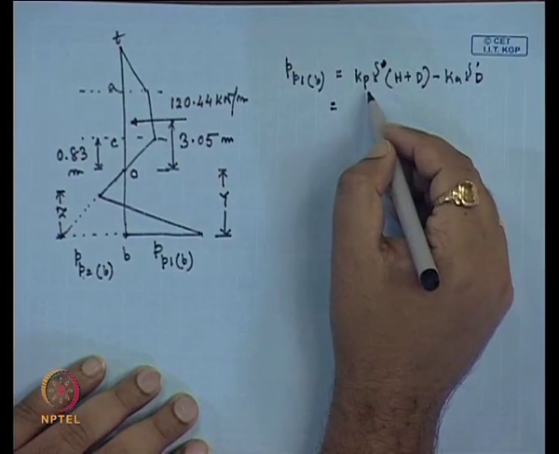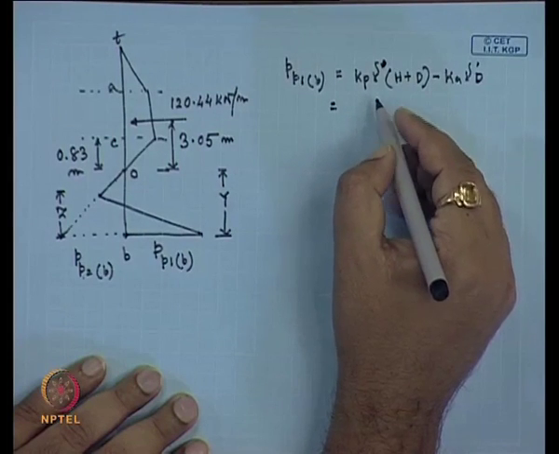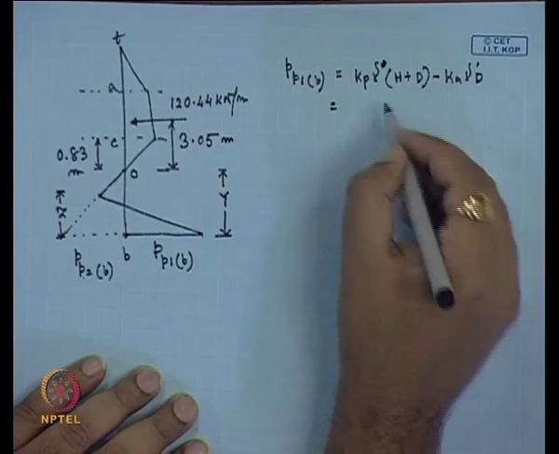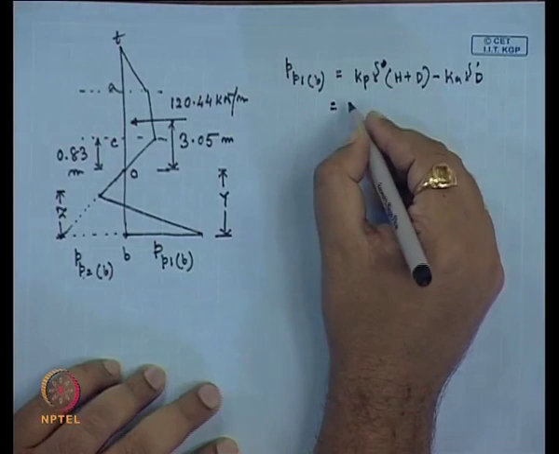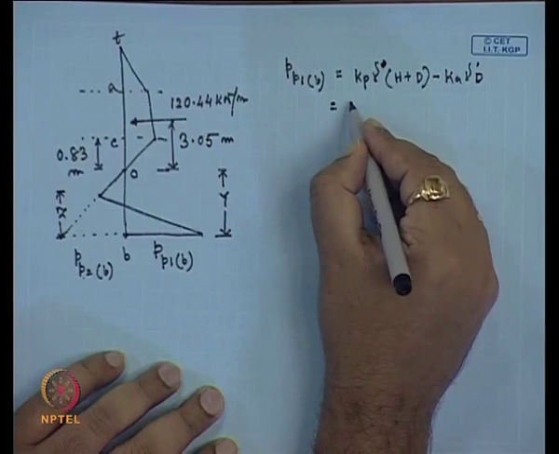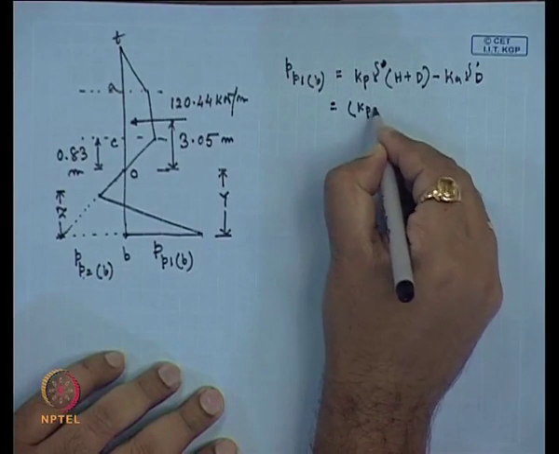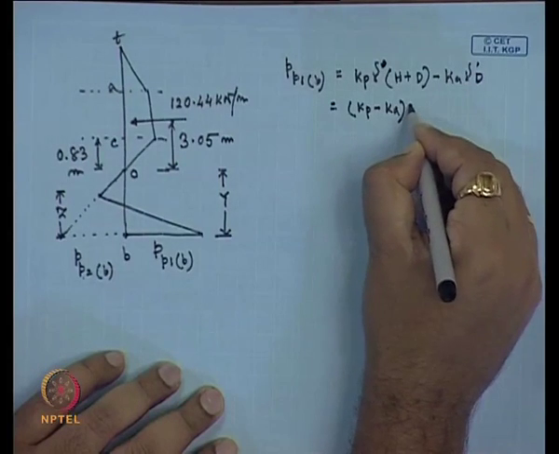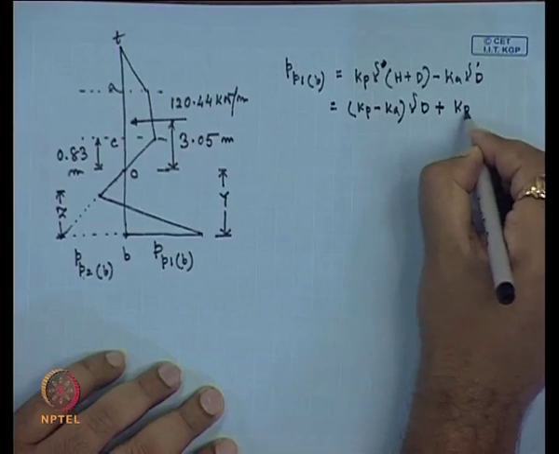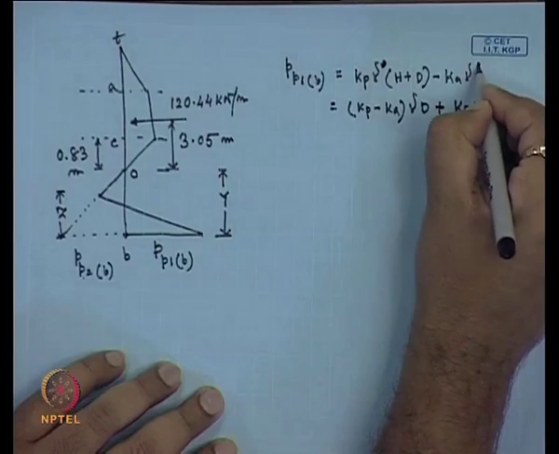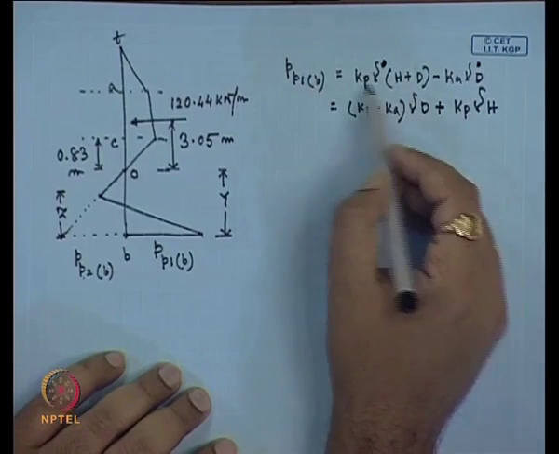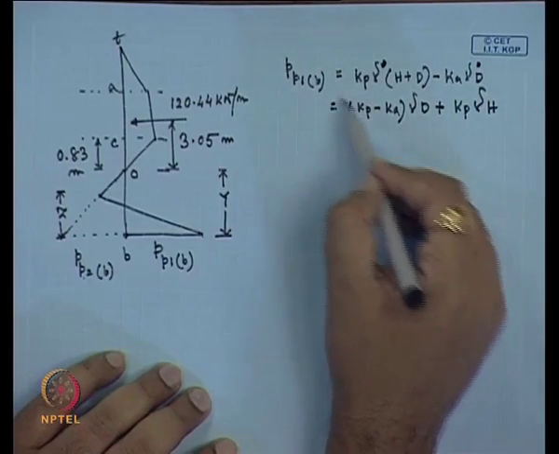If I replace D, we can write K P minus K A into gamma D plus K P gamma H. For the general case we consider both as gamma. This has all been derived in the previous class.